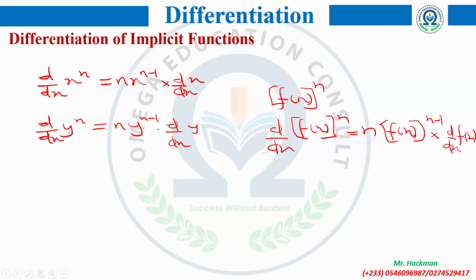Bring the exponent down, keep your function that you are raising to the power, which is y. Reduce the exponent by 1, but that's not all, times d/dx of the function that is here, which is d/dx of y. This will give you n y to the power n minus 1, and d/dx of y will give you dy/dx. You know this.